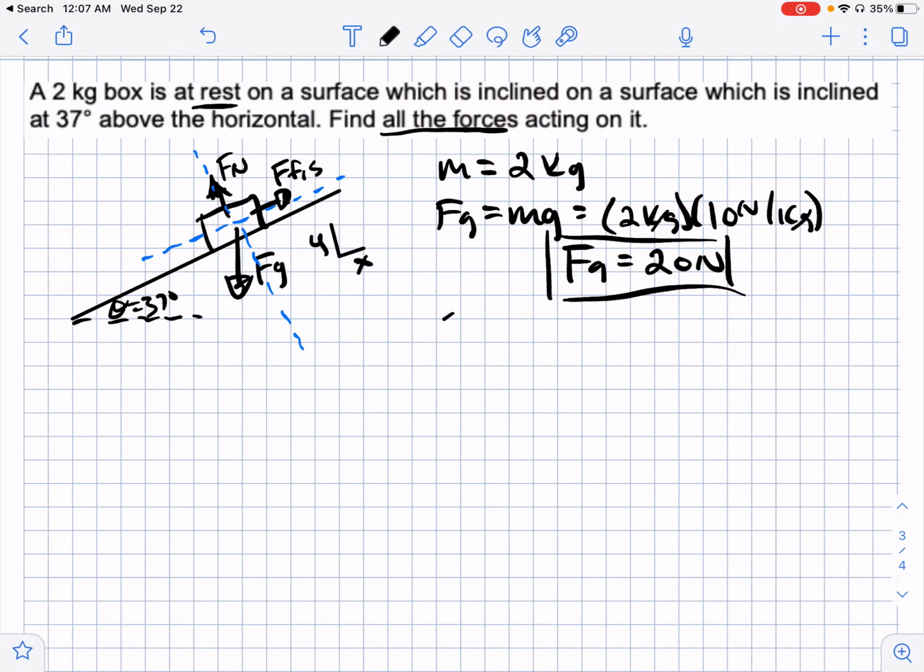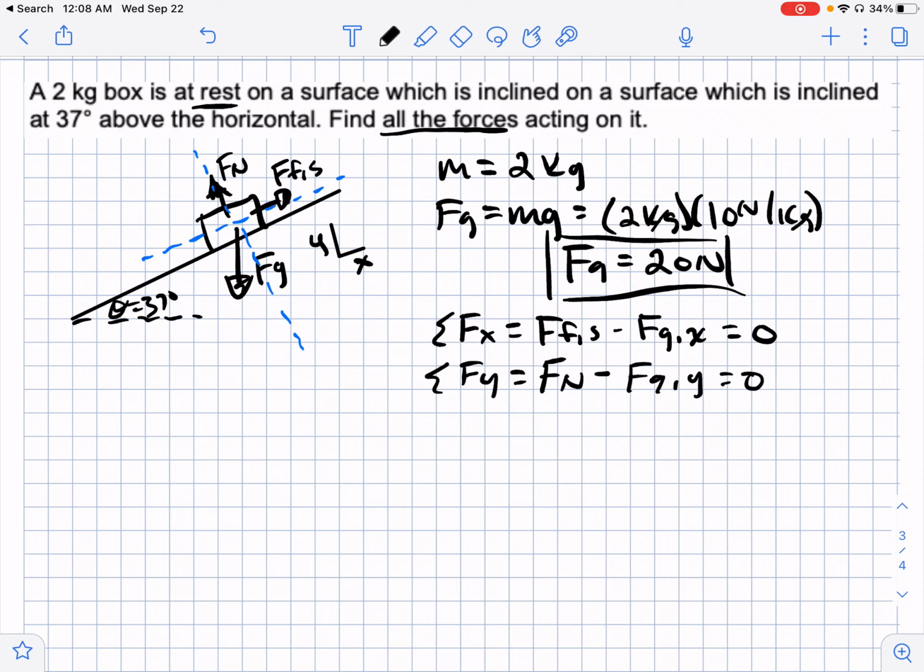So my net force equation in the x direction is going to be that static friction minus the x component of Fg, and that's going to equal 0 because it's at rest. And my net force in the y direction is going to be the normal force minus Fgy, and again it's going to equal 0 because the object's at rest.